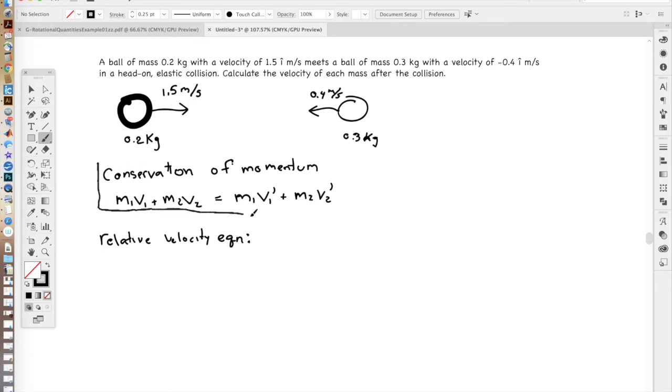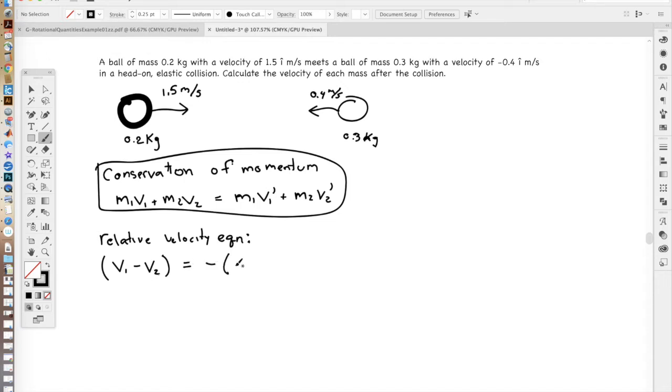This is our conservation of momentum equation. And we're going to do the relative velocity equation, which is that v1 minus v2 in the initial state, that's the relative velocity, is equal to minus the relative velocity in the final state, which is v1 prime minus v2 prime.